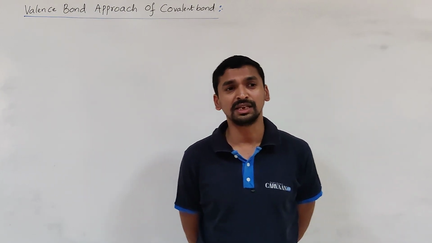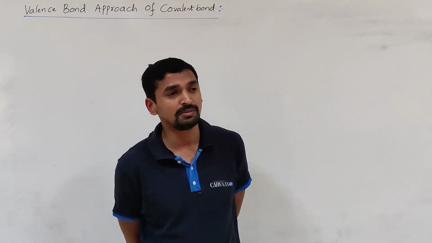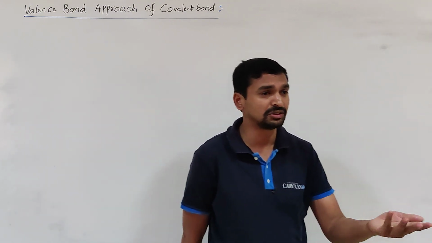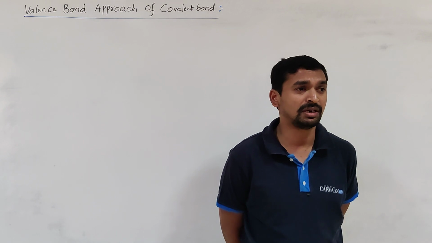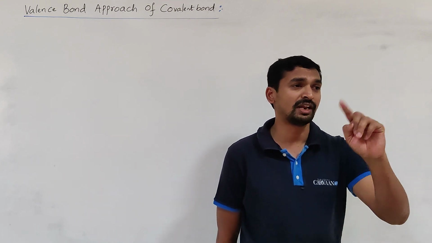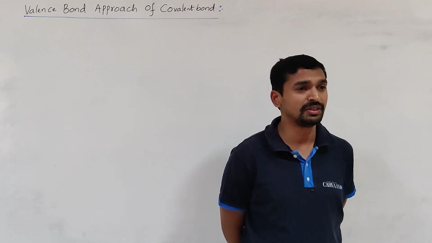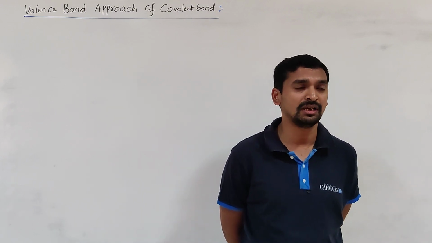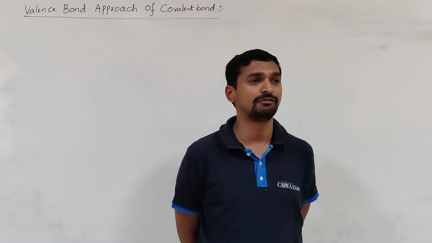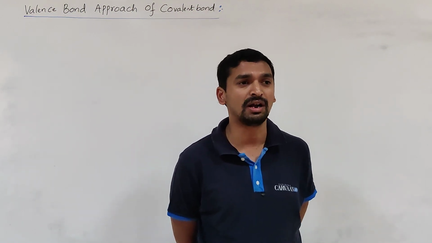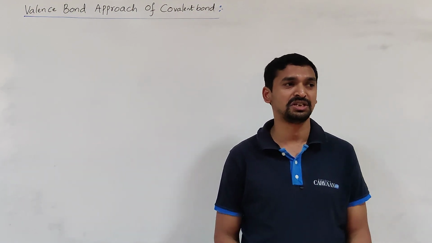In both cases the single covalent bond is present, but their bond length is different, and their bond dissociation enthalpy is also different. But in both cases, by sharing of one electron pair between the two atoms, the covalent bond is formed. Even though the same type of bond is present, why can the molecules possess different bond parameters, that is bond length or bond dissociation enthalpy?